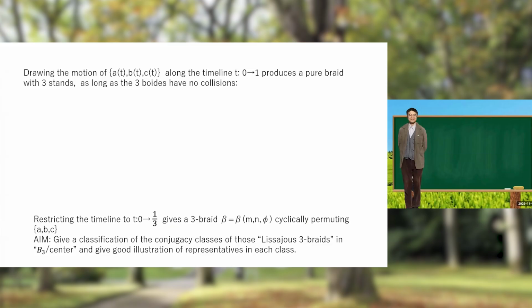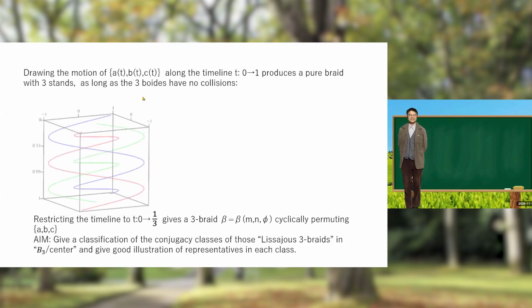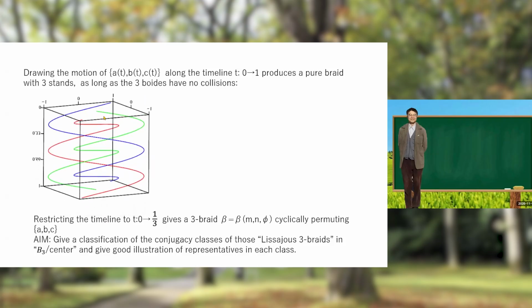Drawing the motion of 3 points along the timeline t from 0 to 1 produces a pure braid with 3 strands, as long as the 3 bodies have no collisions. For example, the first figure 8 case produces this, when you move the 3 points from time 0 to time 1.